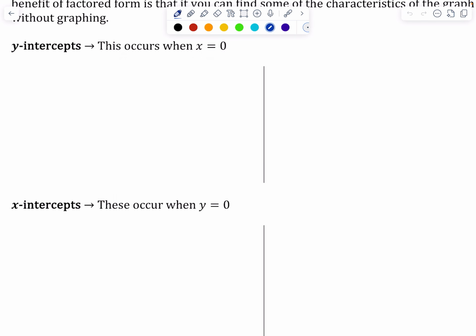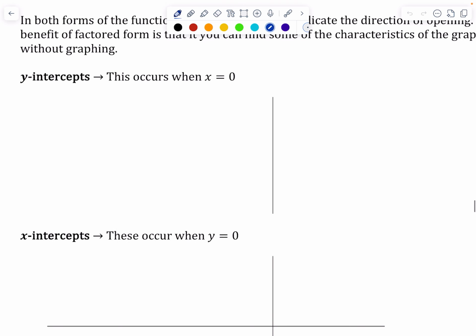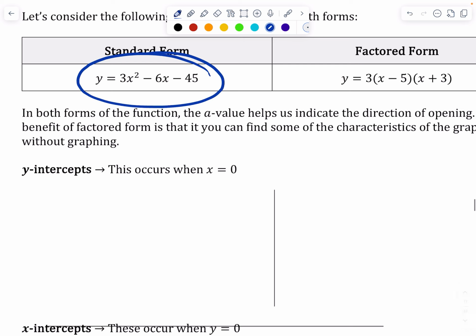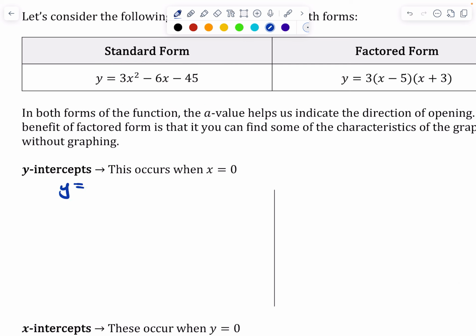So if you want to find the y-intercept, again, just let x equal 0. Where that original equation says y equals 3x squared minus 6x minus 45, we will write y equals 3 times 0 squared minus 6 times 0 minus 45. And then we go through and process that.